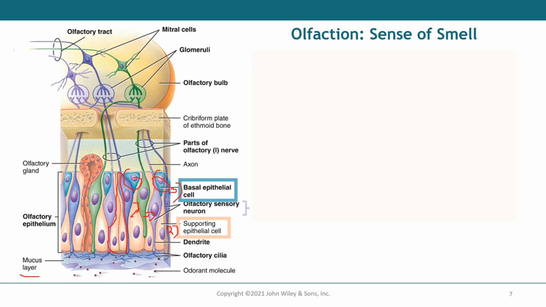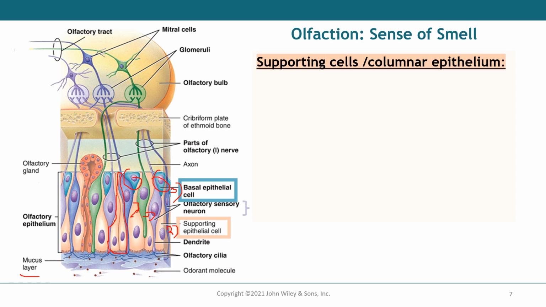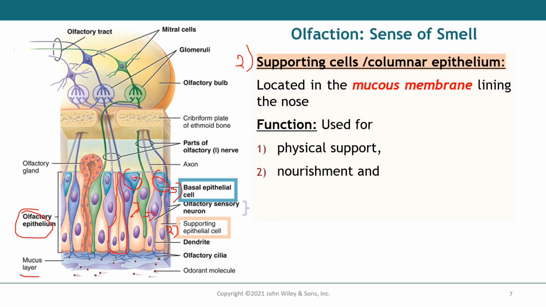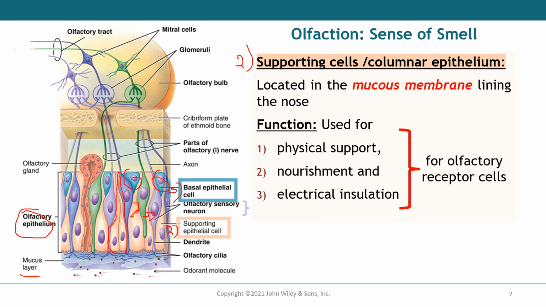Okay, so let's finish with a recap of all the things that I told you. I started by telling you that the second group of cells were the supporting cells, and they are columnar epithelial. They are very long. They are located in the mucous membrane lining the nose, and there are three main functions: physical support, nourishment, and electrical insulation for the olfactory receptors.